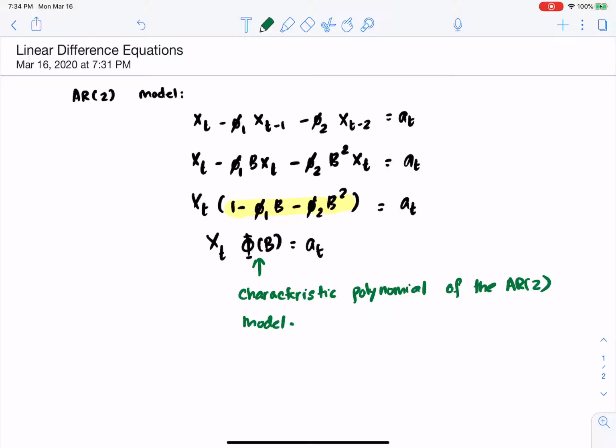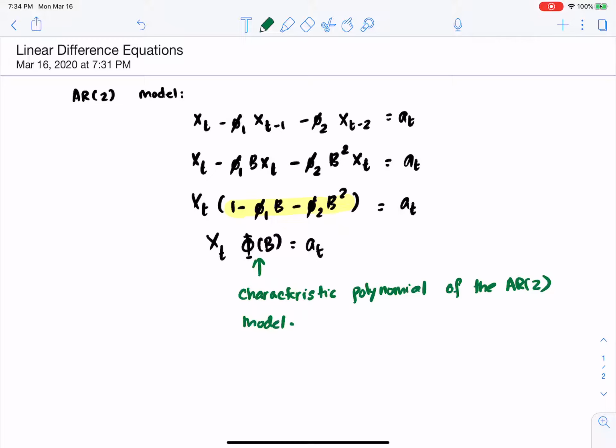So we typically have roots of a polynomial to be real or complex.